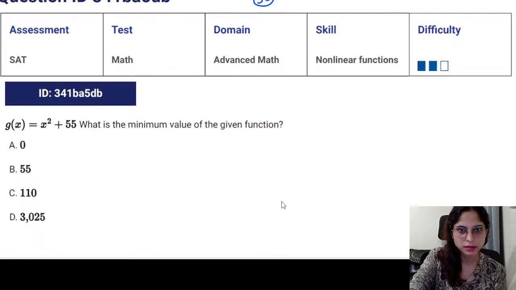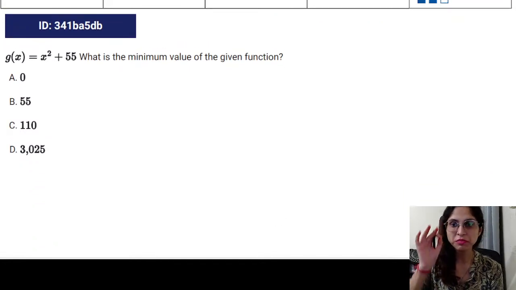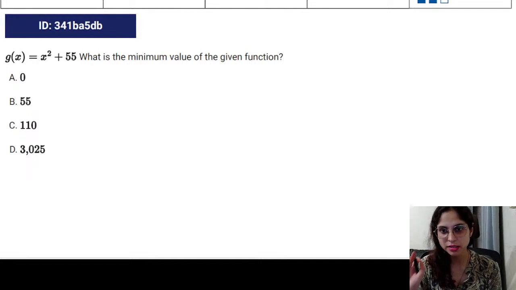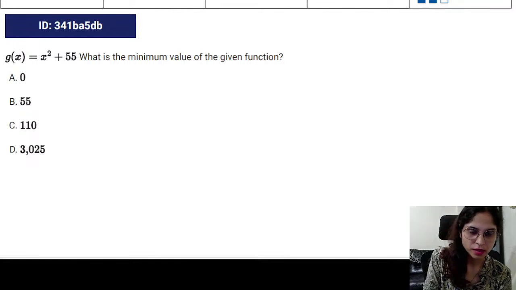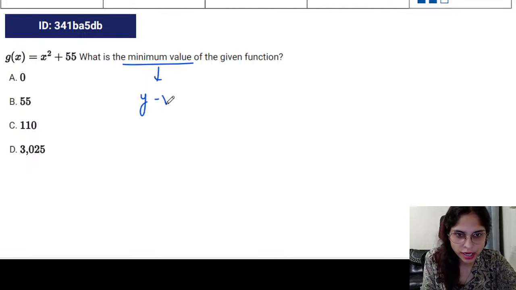Yes. Now, like I told you in quadratic functions, whenever they're talking about minimum, maximum, greatest, lowest, that means they are talking about the vertex. So minimum value over here, they're talking about the y value of the vertex.